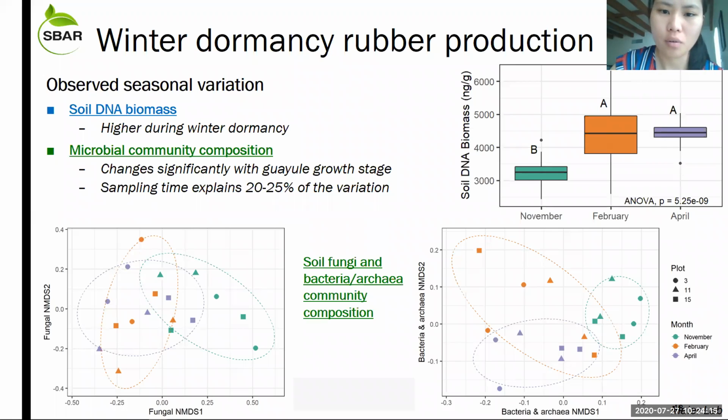You can see from the bottom right-hand graph that February, the orange, is a larger ellipse, and so the microbial community is less similar to each other. Based on this, we think these differences in the microbial community are likely to affect plant growth, and possibly could also affect rubber biosynthesis.